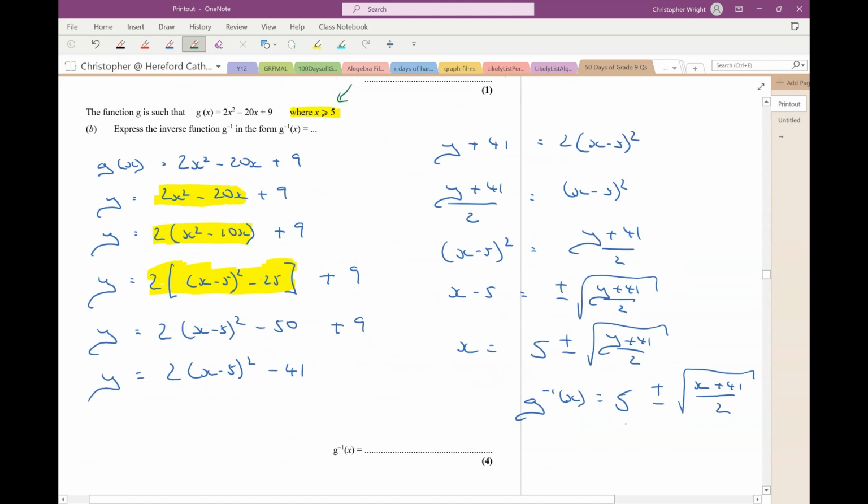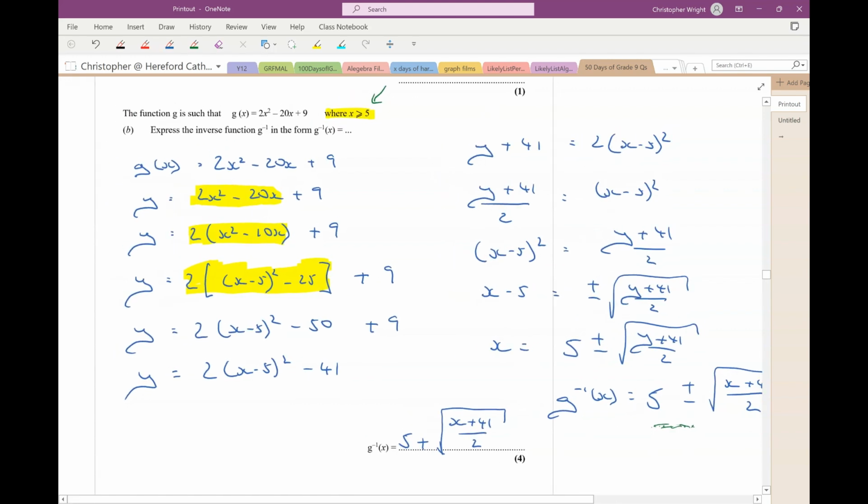So we can't be dealing with 5 minus anything here. So the only solution you're interested in is 5 plus the square root of x plus 41 over 2, because that means that x is greater than 5.